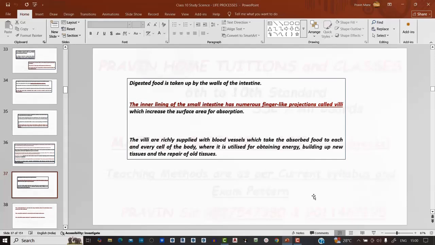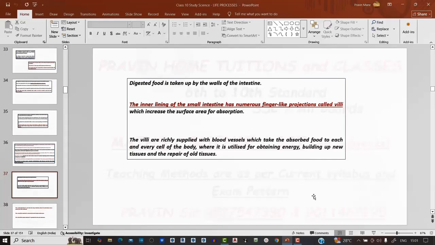Now, digested food is taken up by the wall of the intestine. The inner lining of the small intestine has numerous finger-like projections called villi. Villi contain blood vessels which take the absorbed food to every cell of the body.